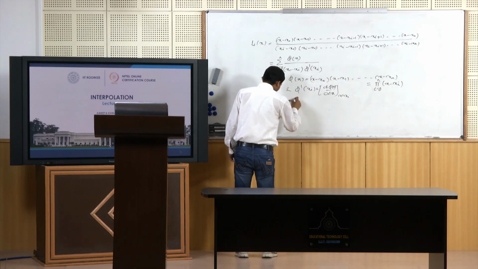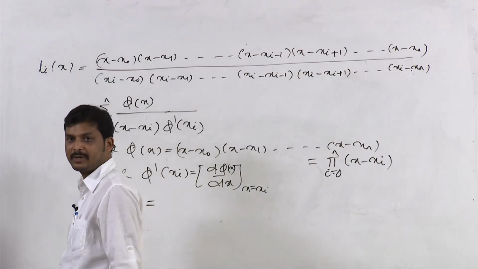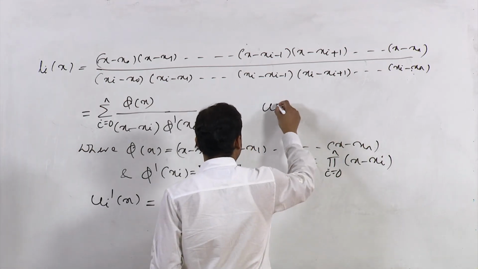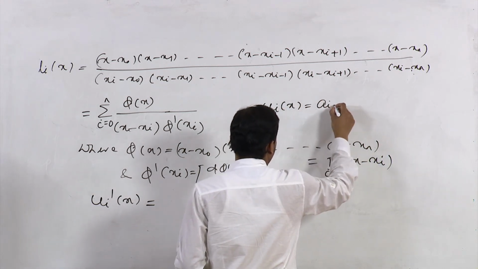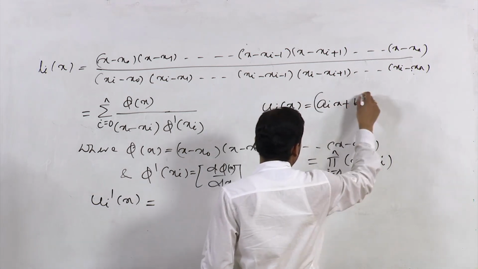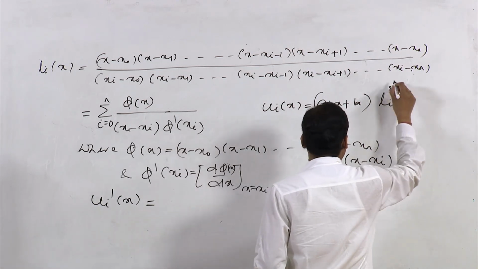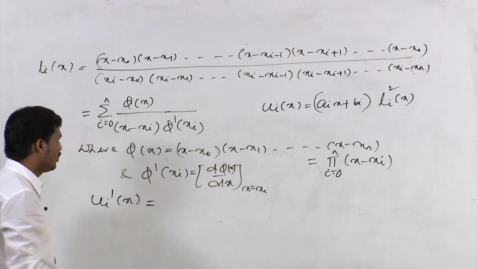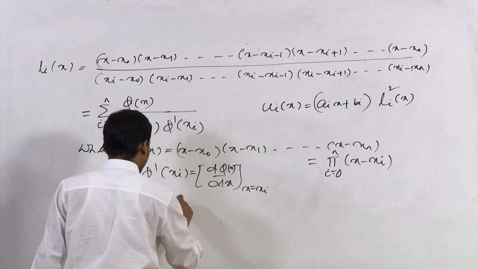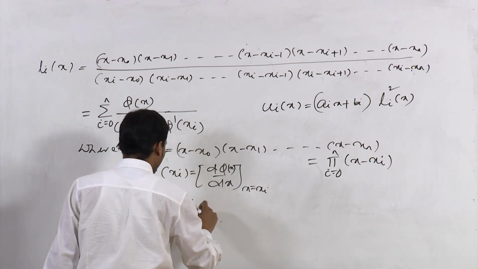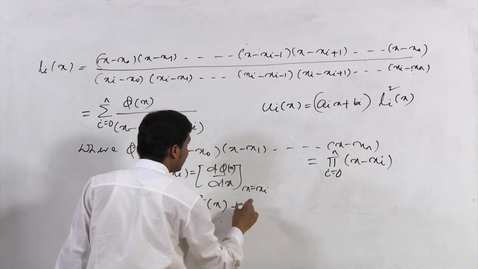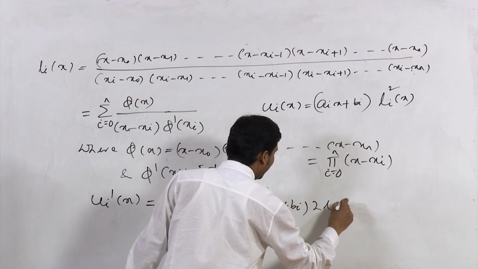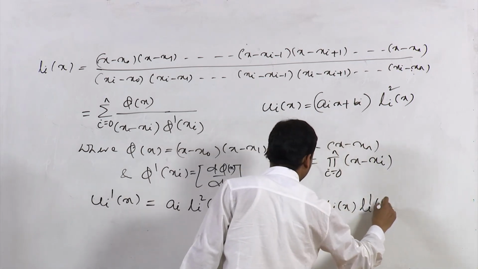ui dash of x. Since it can be expressed in the form of ui of x equals (ai x plus bi) into Li square of x here, if you take the derivative with respect to x, in the first coefficient we can write this as ai into Li square of x plus (ai x plus bi) into 2 Li(x) into Li dash of x here.